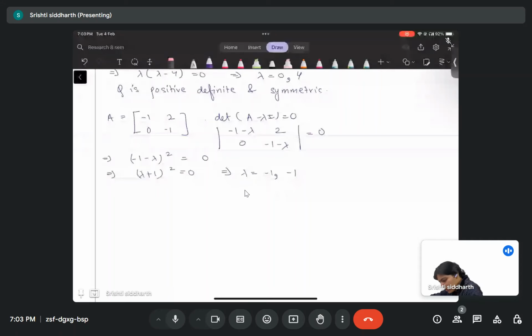So Q is not positive definite because one of the eigenvalues is exactly 0. Right. Yes. Not positive definite.